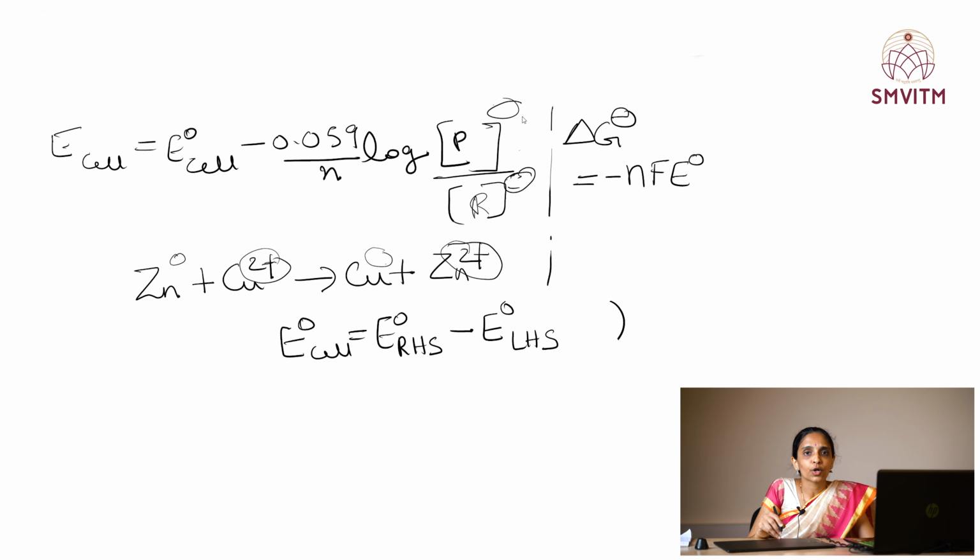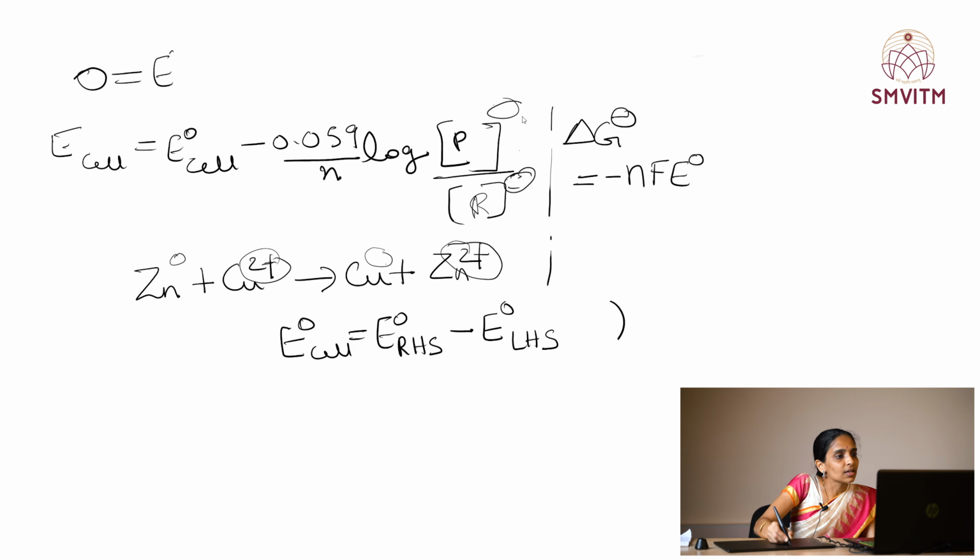Remember, in a 3-mark problem, 1 mark may be given for the formula and the 2nd mark for the substitution, and the 3rd mark will be for the result along with the unit. Okay, what is the formula for calculating equilibrium constant? At the equilibrium state, E cell becomes 0.